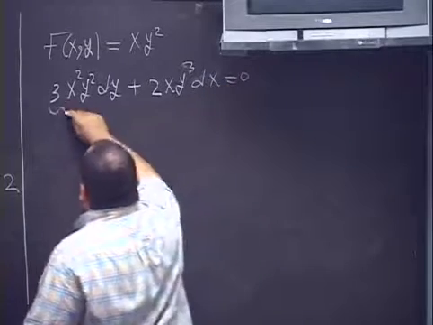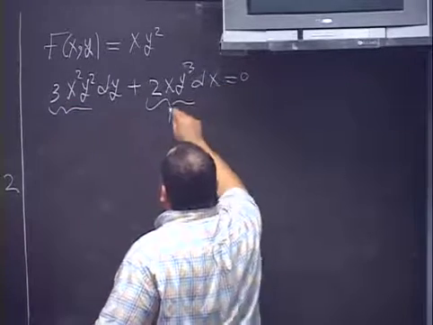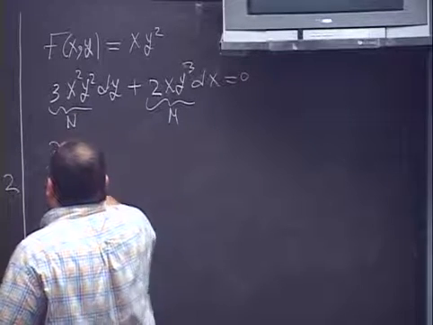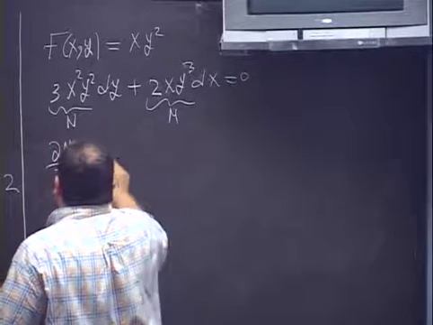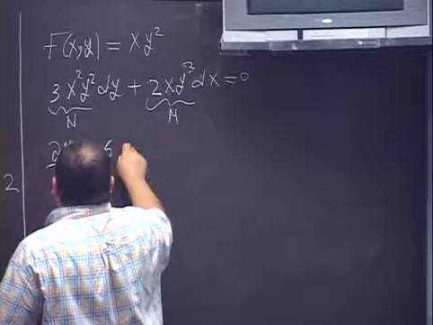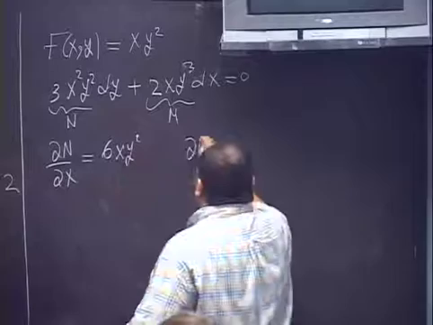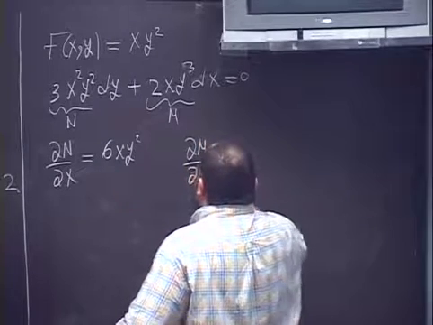Now this is again n and m. So what's dn by dx? 6 x y square. And what's dm by dy?